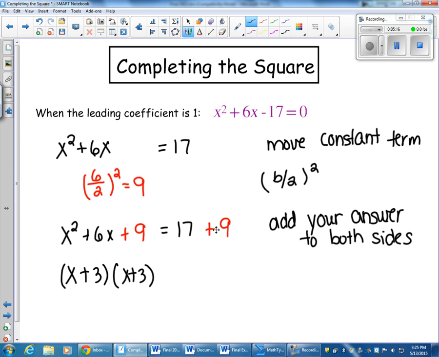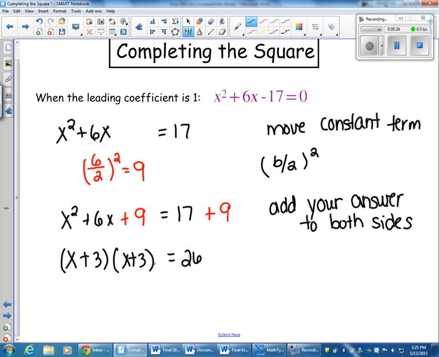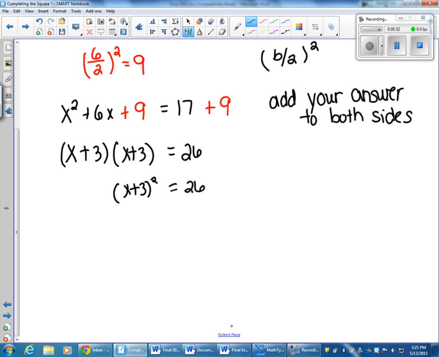On the other side, you can add your numbers together. You had 17 and 9 is 26. So we're going to rewrite this as x plus 3 quantity squared. We want to solve for x, so our next step is to take the square root of both sides.